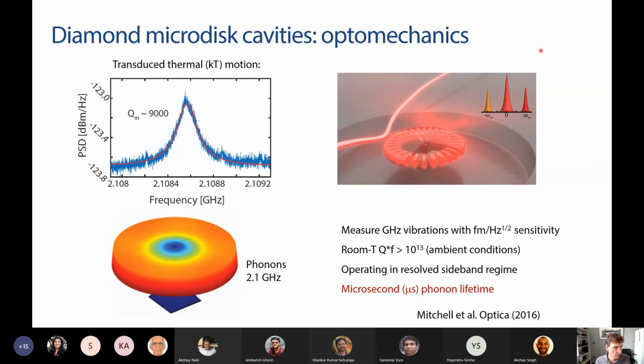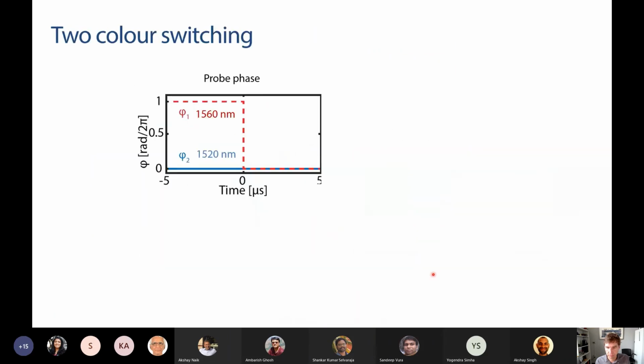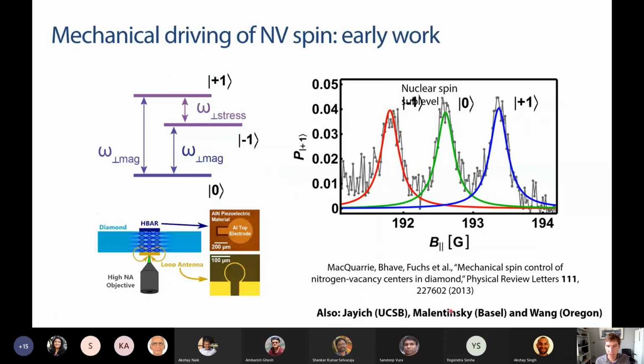I think Melatinsky, who I mentioned here, was a postdoc at Harvard, and I think they did exactly that, where you had a standard NEMS resonator and put a magnet on the end, and that tip was used to do some kind of sensing of an NV through a magnetic field.